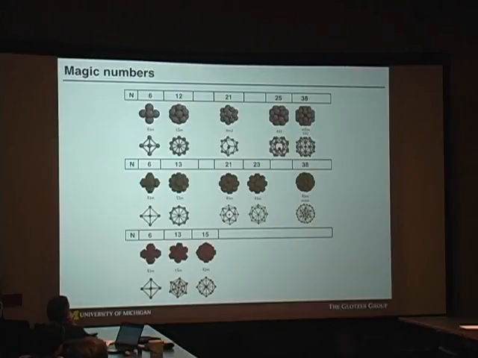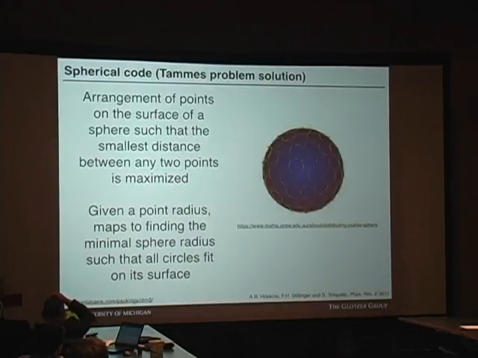So what do these motifs have in common? A lot of these motifs are spherical code solutions. They're solutions to the Tammes problem. This is a Dutch name, so I'm not sure how to pronounce it. The Tammes problem is a generalization of the Thompson problem that was discussed earlier.